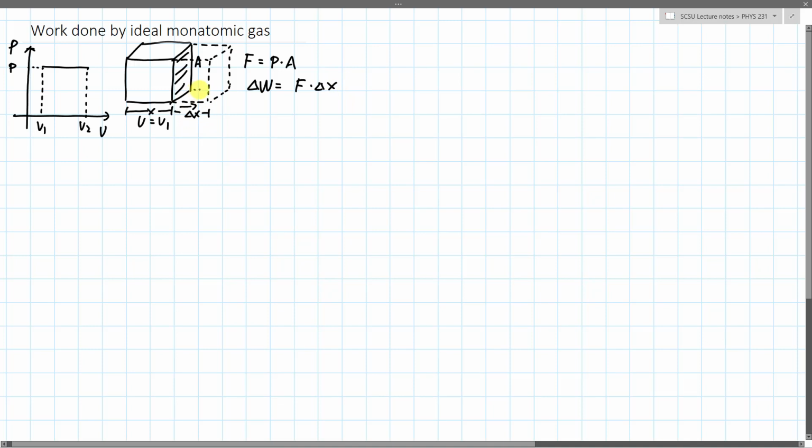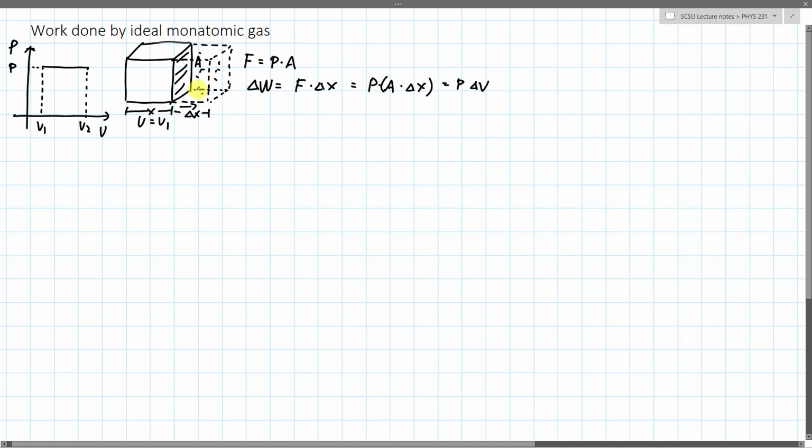I exaggerated this increase of x just to make it easy to understand. So now we can replace force with pressure times area, and the delta x. And area times delta x is actually equal to delta V. So the increase of the volume is due to the increase of the length at the same exact cross-sectional area. So you expanded, you got this much extra volume here.